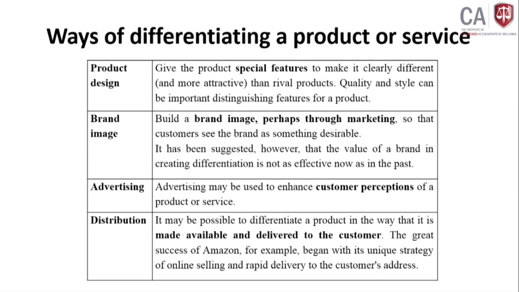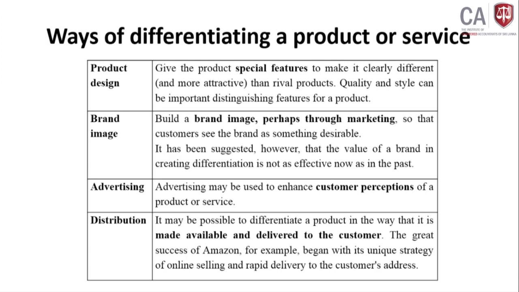Actually, there are different ways of differentiating a product or service. For example, the design is one area you can differentiate. So, you can focus on features like quality or style to differentiate your product from other products in the marketplace. Another area is brand image.